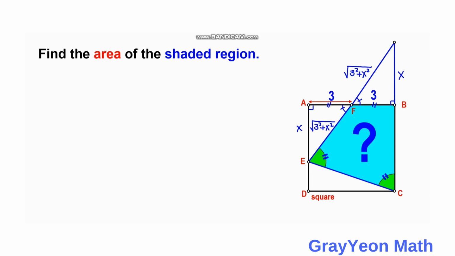Okay, so next we consider this is a square, so BC is equal to 6. And we consider this isosceles triangle.